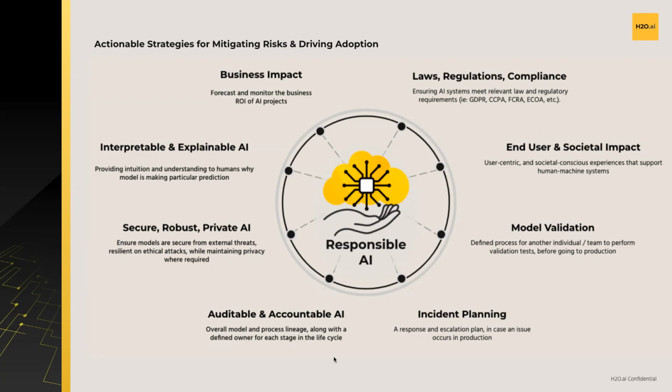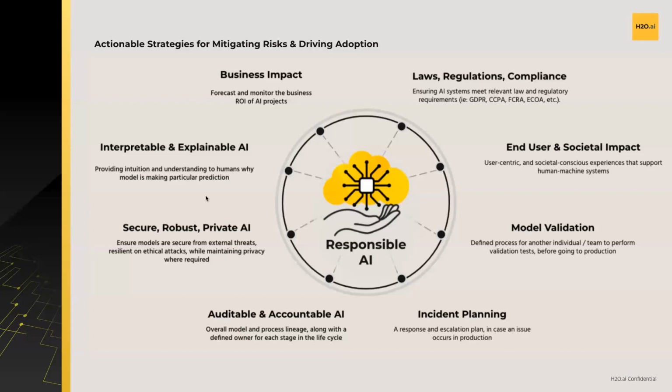Also, the AI system should be auditable, and there should be a defined owner for each stage in the life cycle. The models that you're creating are secure from external threats, they're resilient to ethical attacks, but they should also maintain privacy where required. These models or systems should be able to provide intuition and understanding to humans about why a model is making a particular prediction.